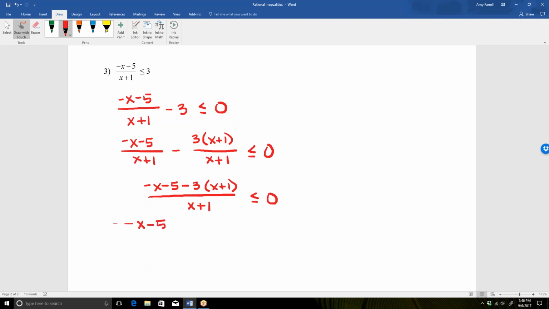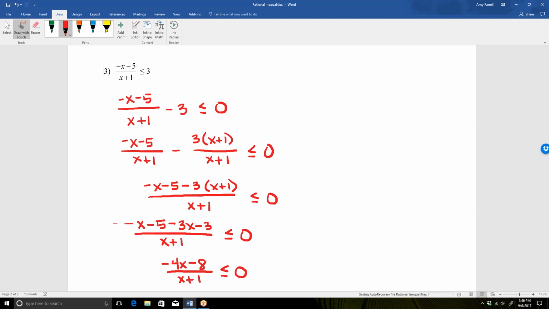So negative x minus 5 minus 3x minus 3, and this is all over x plus 1. And we'll combine like terms. Negative x minus 3x would be negative 4x, and negative 5 minus 3 is negative 8. And then that's over x plus 1.